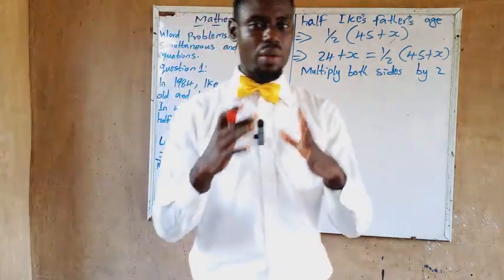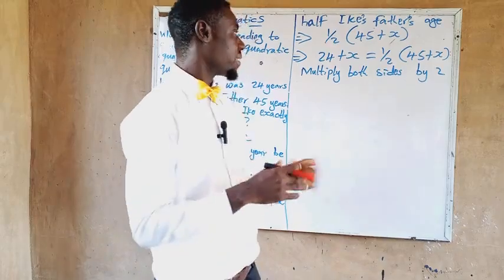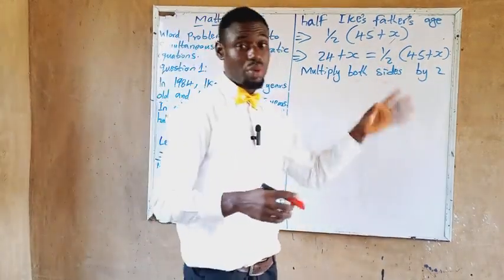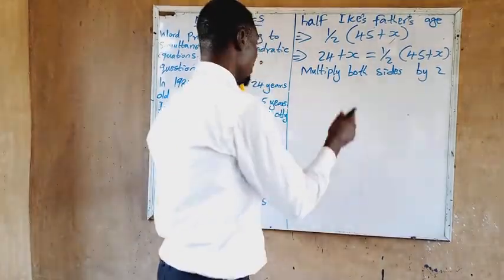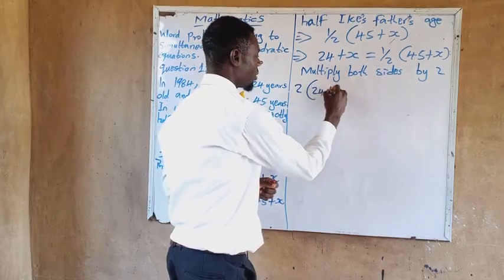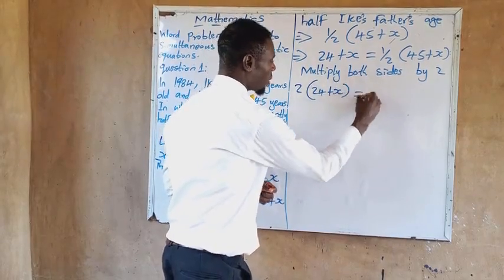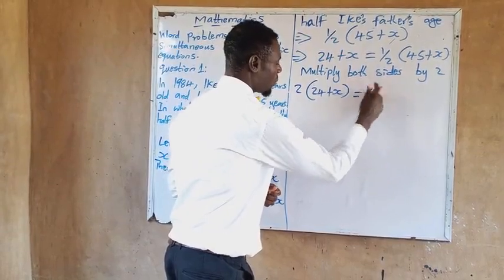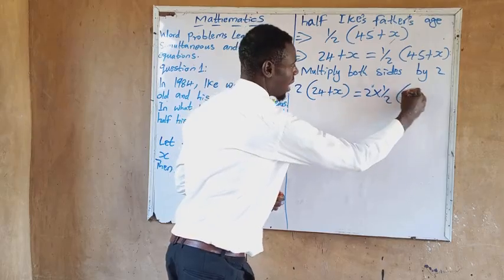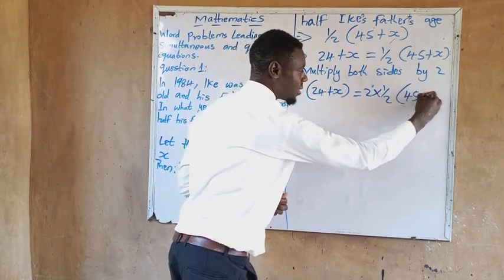The only way to remove it is to multiply by the denominator. So multiplying both sides by 2 gives 2 times Ike's age equals 2 times 1 over 2, bracket the father's age.